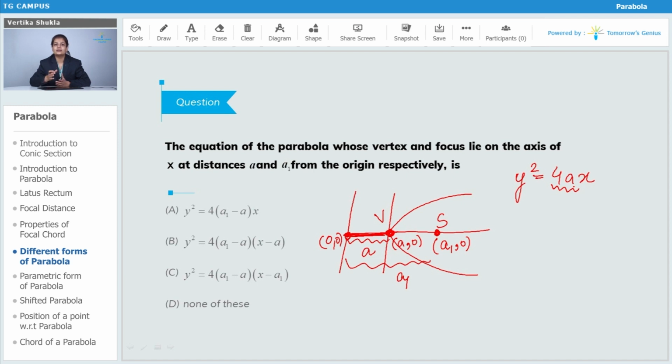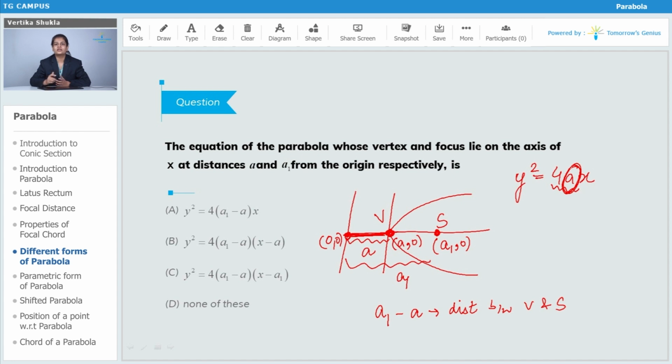Since the a unit is not given directly, but the vertex and focus are given, you can calculate a from them. The vertex is (a, 0) and the focus is (a1, 0), so the distance between the vertex and the focus is a1 minus a. This distance is indicated by the a written in the standard form of the parabola.